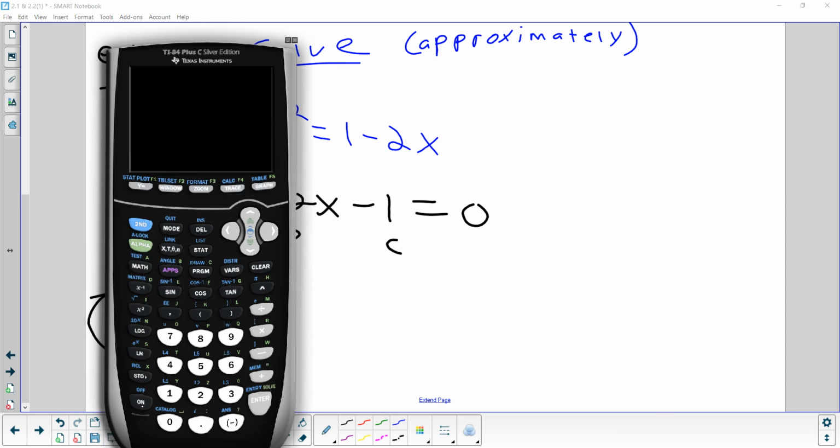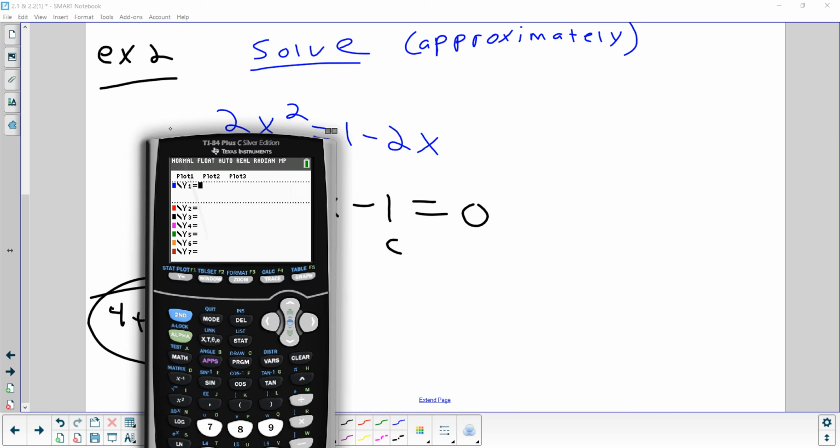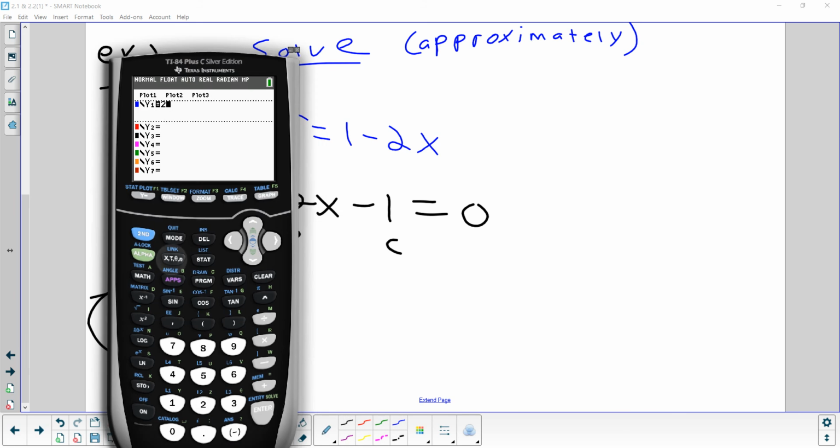All right, let's type it in and see what we got. So we have 2x squared plus 2x minus 1. I'm going to do zoom 6 just to set my window back to normal. Let me make sure I typed everything in.